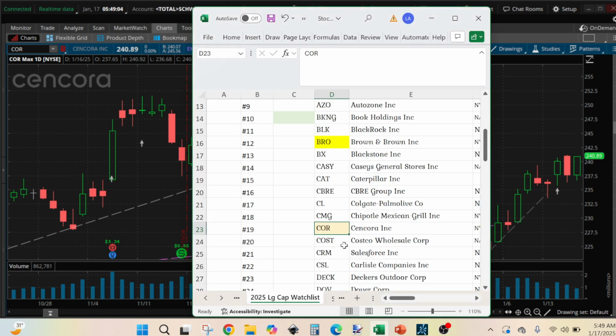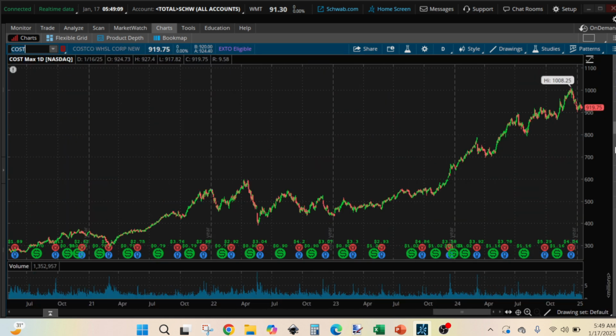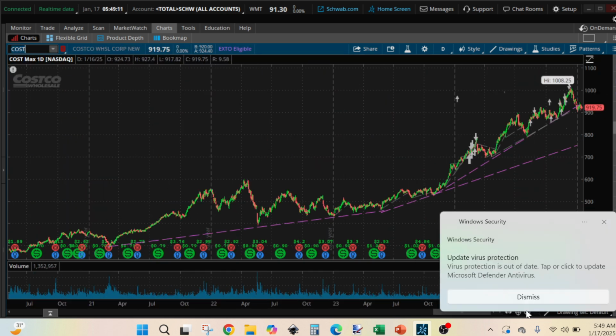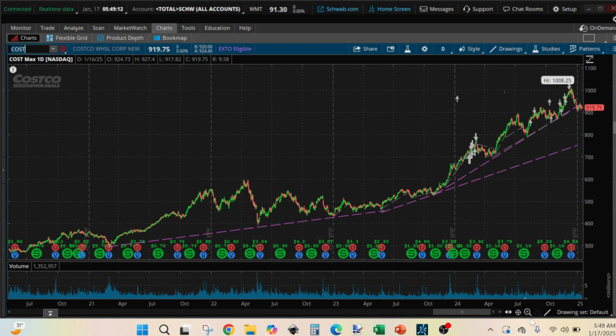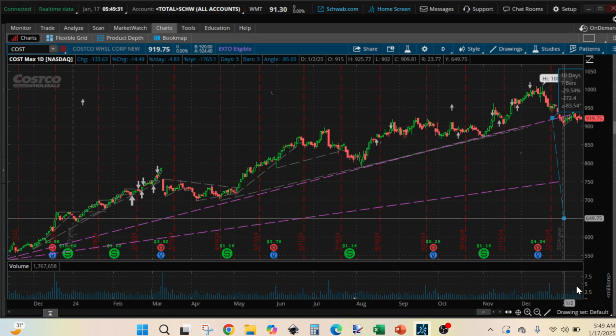So the next one is going to be COST. That's why instead of swing trading, I'm going to be talking about position trading this year, and alongside swing trading as well. I'll be talking about both terminologies because I'm using a swing trading strategy combined with a long trend line.